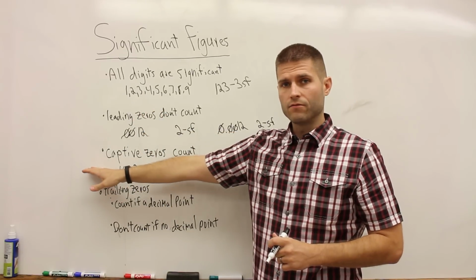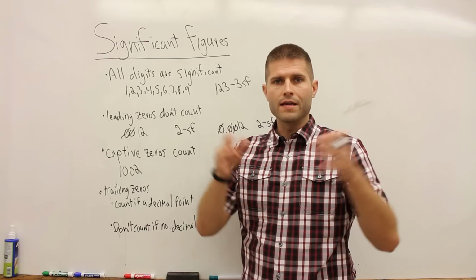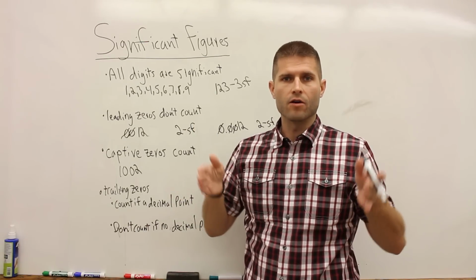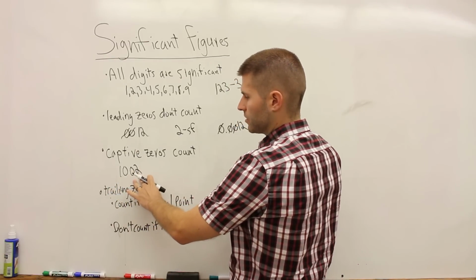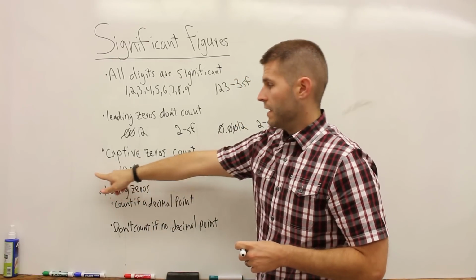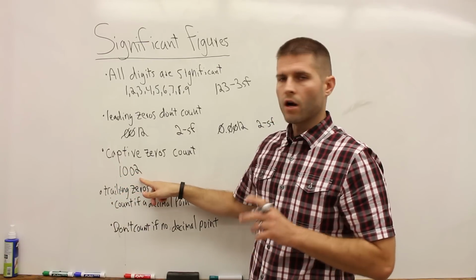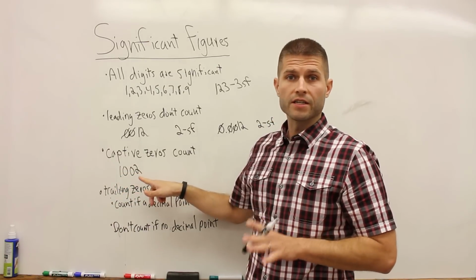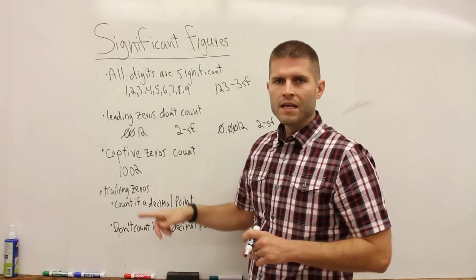Okay, so we know about leading zeros. The next rule is for captive zeros. A captive zero is any zero in between 2 non-zero digits. So let's take a look at this number, 1002. We have no leading zeros. We know that the 1 and the 2 are automatically significant because they're non-zero digits, but now we have to identify these zeros inside.